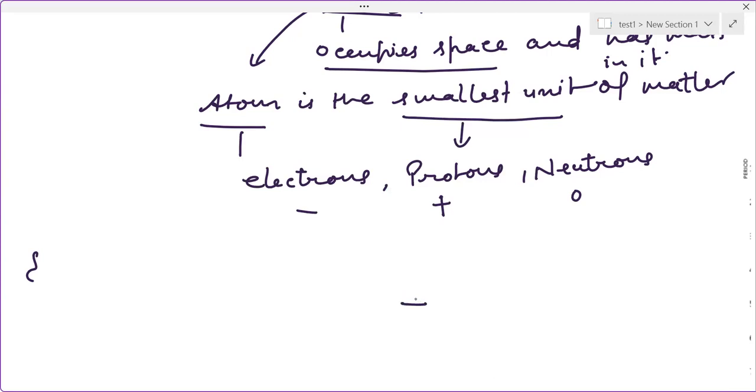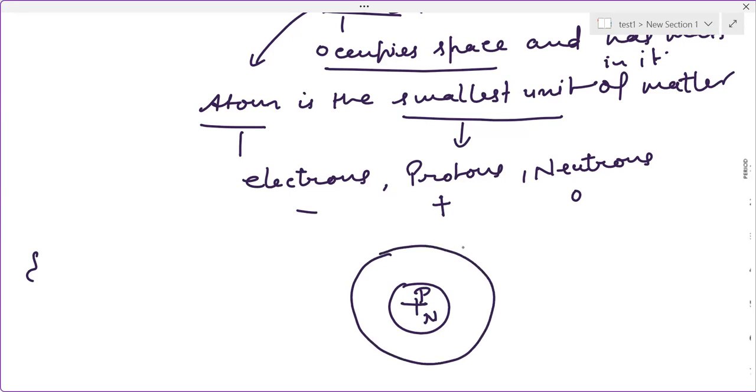When we look inside the atom, we can see a nucleus, and inside the nucleus there are protons and neutrons. As protons have positive charge and neutrons have no charge, this nucleus will have a plus charge. This nucleus is surrounded by negatively charged electrons, right?